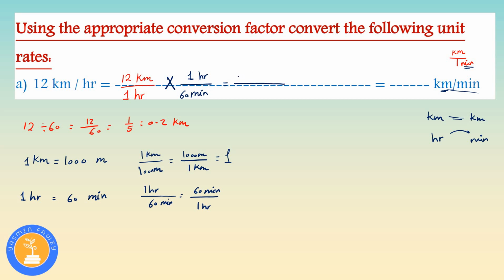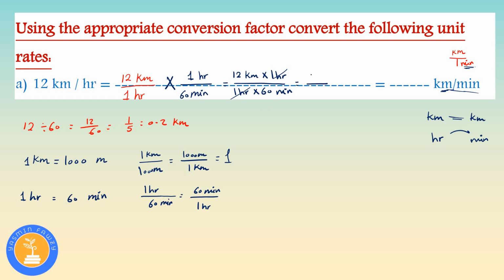Okay, let's find out the answer of this multiplication. Here I have numerator times numerator, 12 kilometer times 1 hour over 1 hour times 60 minutes. Okay, let's simplify it. I can cancel hour with hour, right? Do I have anything else to cancel? No. So what do I have left?